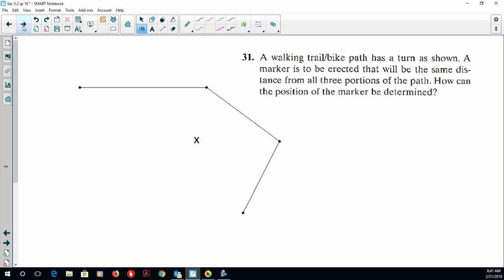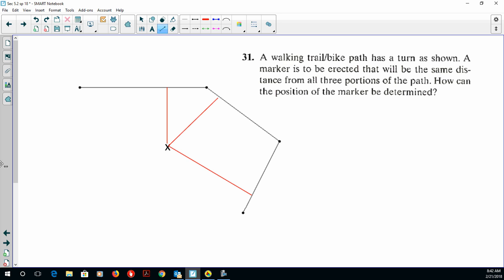A marker is to be erected somewhere, okay, and X is going to mark the spot. I don't know where. Somewhere out here, so that the distance to this and the distance to this and the distance to this are all equal. Okay. How can the position of the marker be determined?